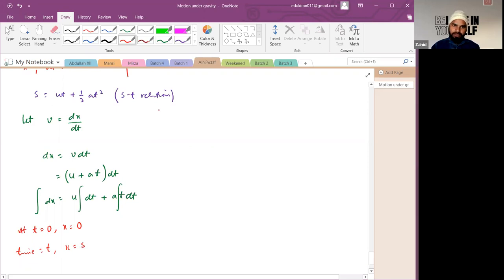So if you put all these terms in this part, you will get integration of dx from 0 to s is equals to u integration dt from 0 to t, plus a into t dt integration from 0 to t.